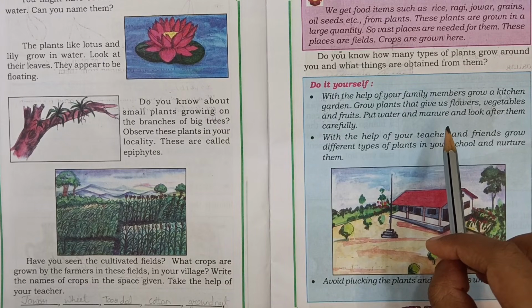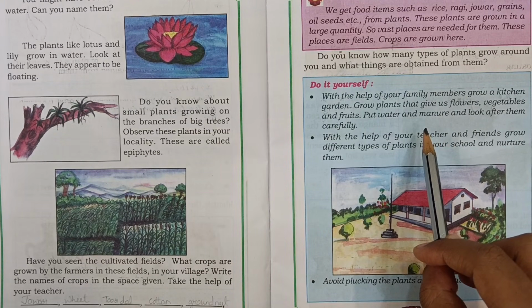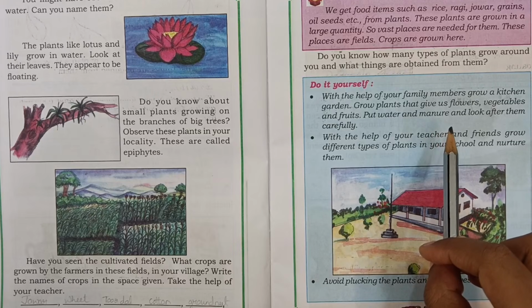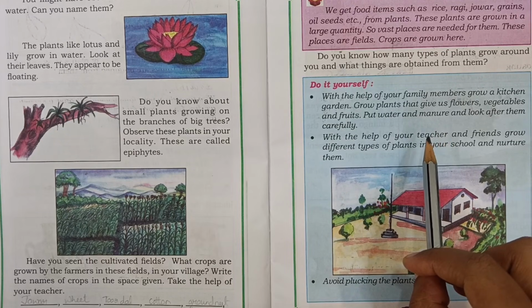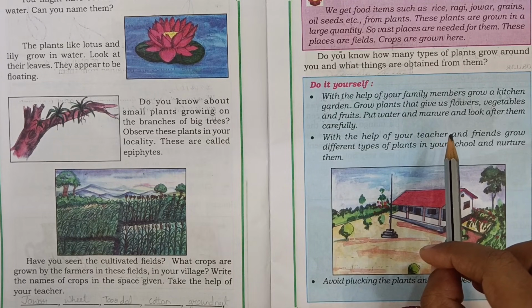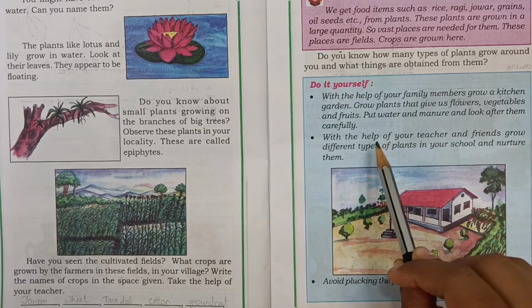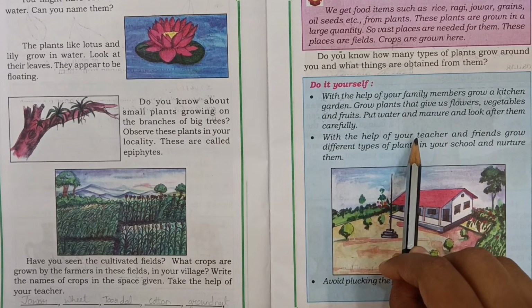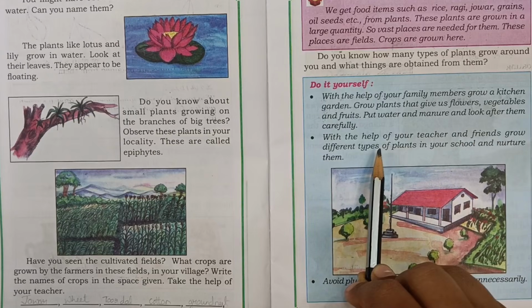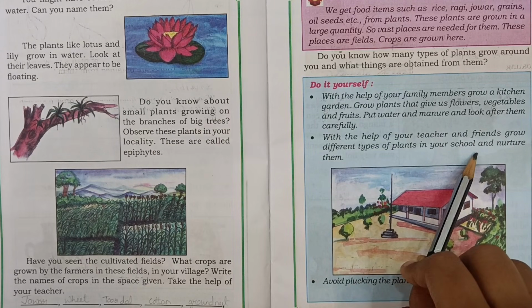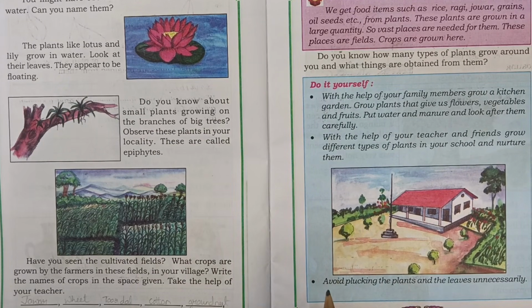If a small place is there in your house, make one kitchen garden, grow flowers, vegetables, and fruits, and take care of those plants by giving water and manure. With the help of your teacher and friends, grow different types of plants in your school and nurture them. Even they told you to grow some plants in your school premises.